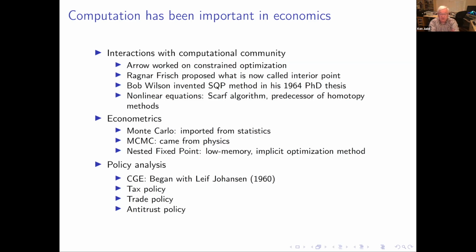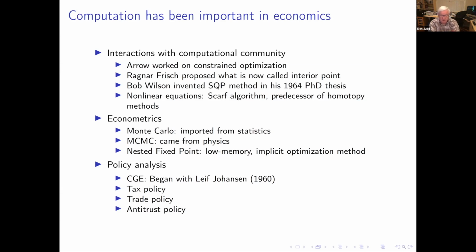Ken Arrow, for example: if you look at early papers on the theory of constrained optimization, you'll find papers by Ken Arrow along with some math guys. I think there were some other economists involved, but Ken Arrow certainly was a major figure in that time.